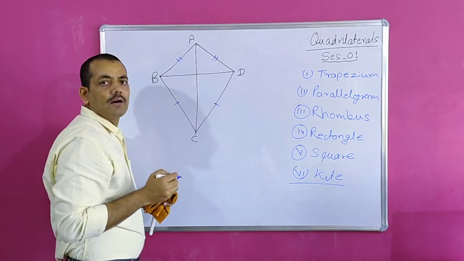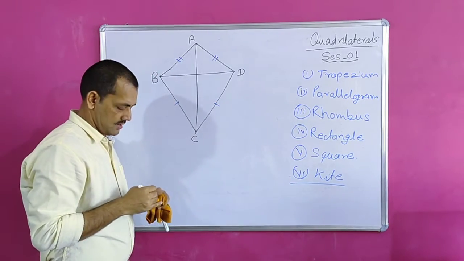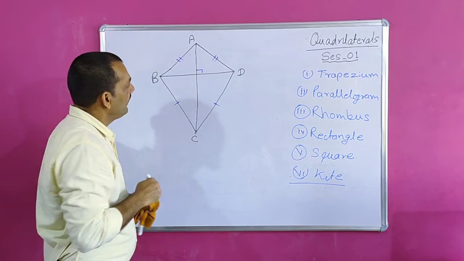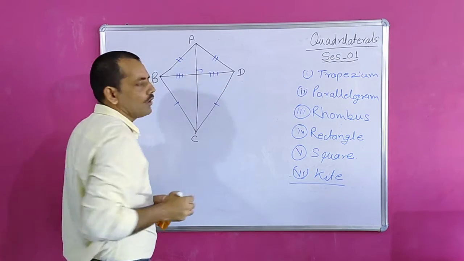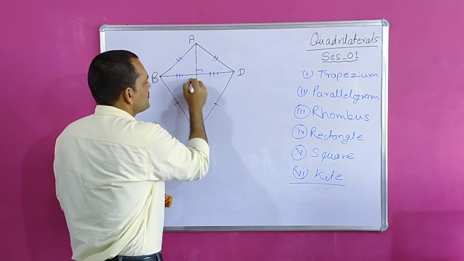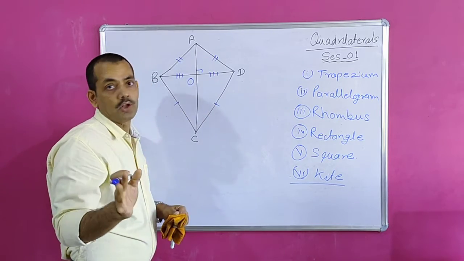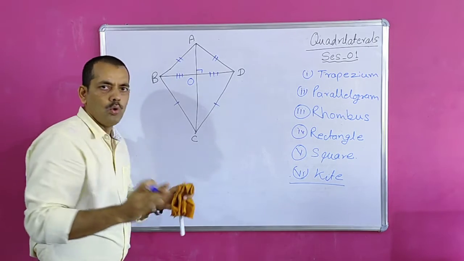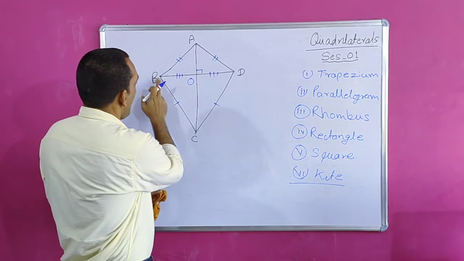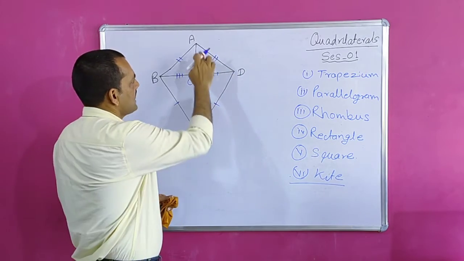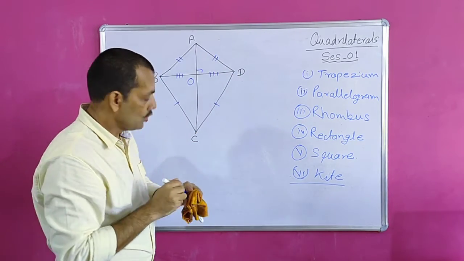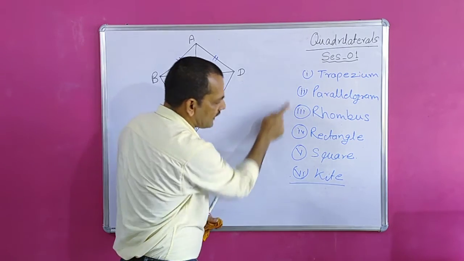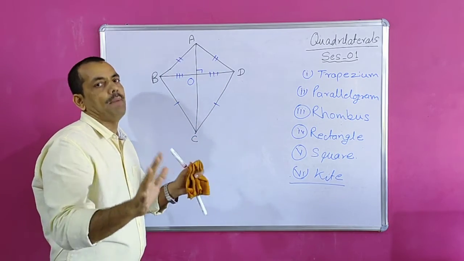Such a type of figure is known as a kite. Here, these two diagonals again intersect at 90, where these two parts of a diagonal are equal, but these two parts are not equal. So OA is not equal to OC, but OB is equal to OD. And in the meantime, angle B is equal to angle D, but angle A is not equal to angle C. So this is a kite. The only difference from the other five is that no pair of sides is parallel.